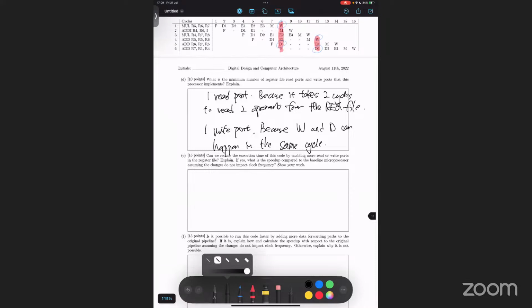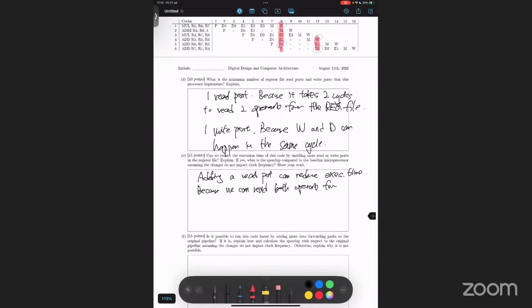So adding a read port can reduce execution time. This is because we can read both operands from the RF in the same cycle.